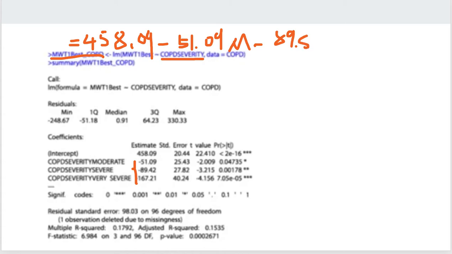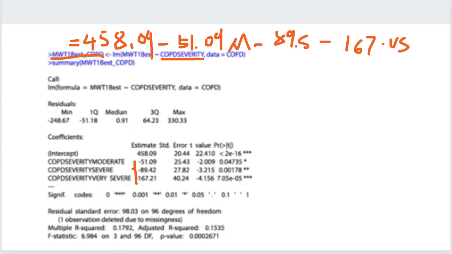That is, the walking distance equals the alpha, which is 458 something, then minus beta 1 times moderate, minus beta 2 times severe, then minus beta 3 times very severe.